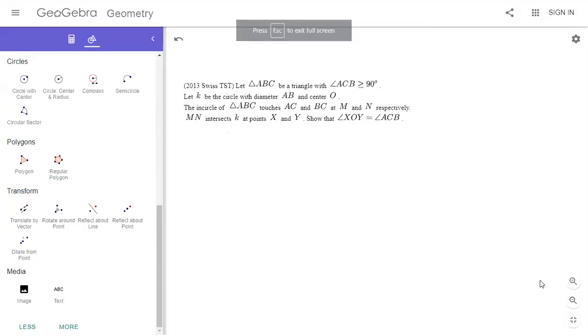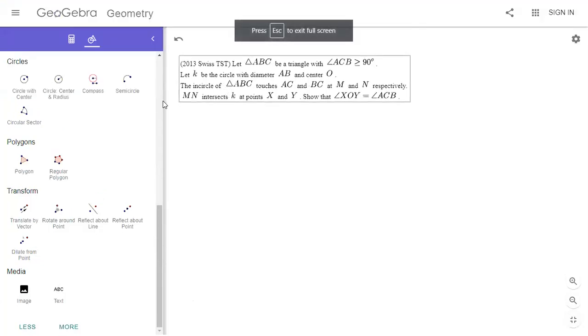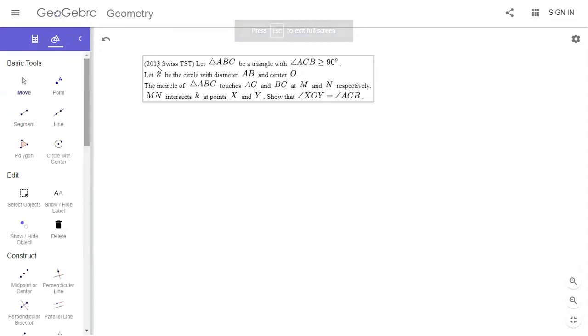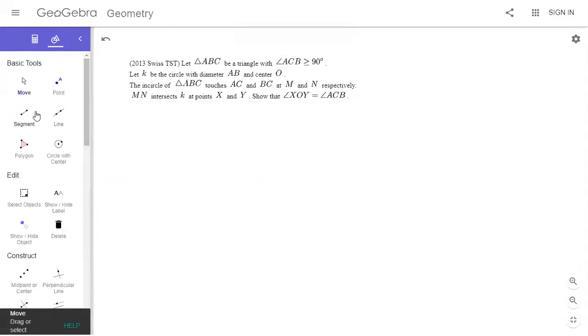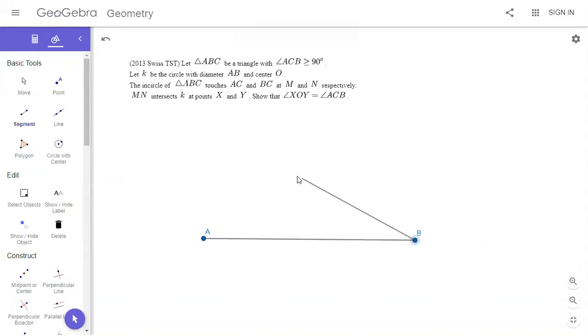This one looked fun. I looked at this really quick, but I didn't really solve it at all, but it looked interesting. So ABC is an acute triangle. No, I'm sorry, obtuse.